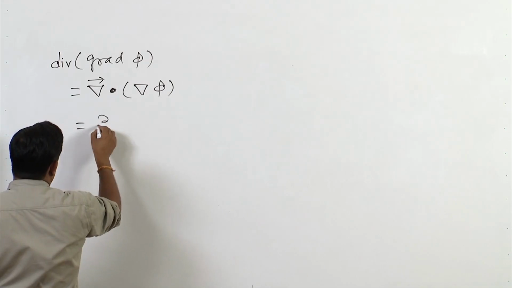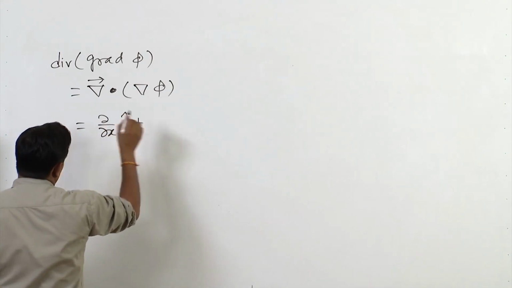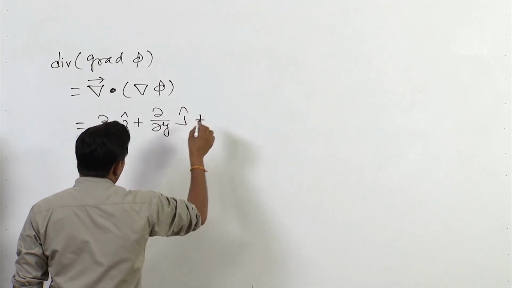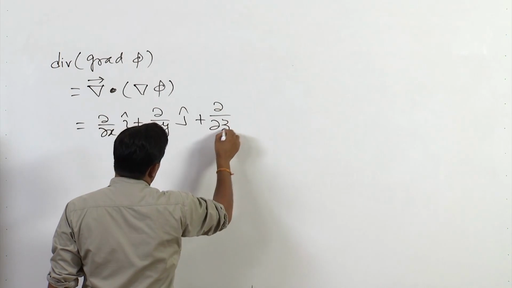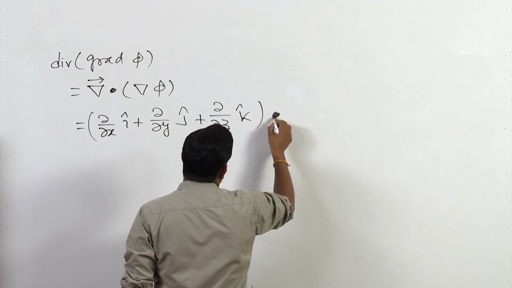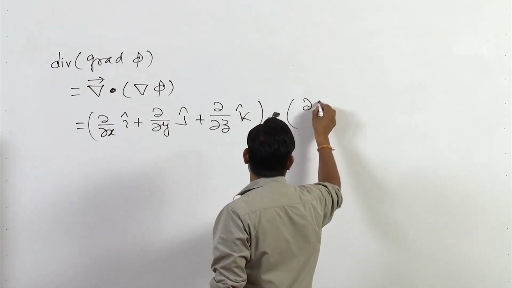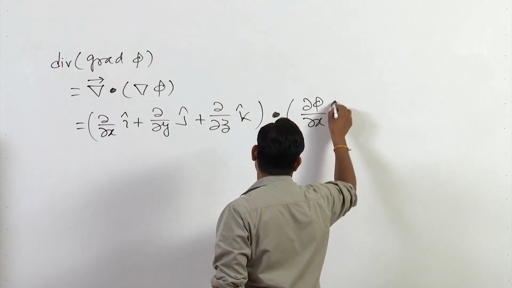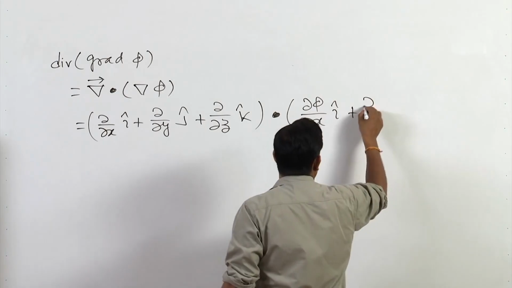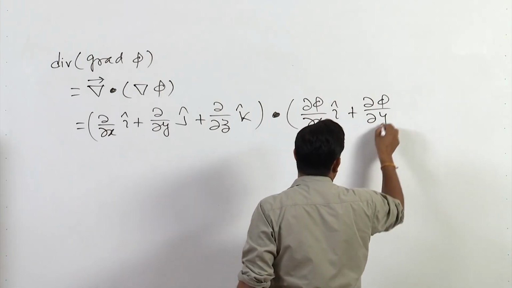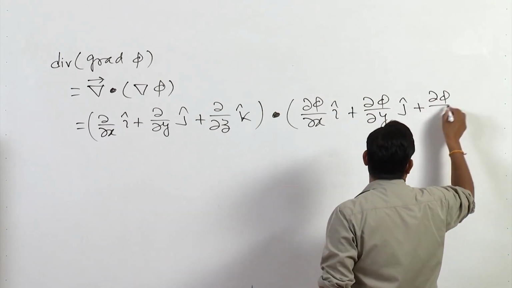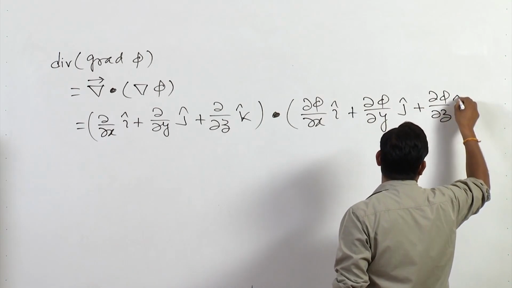So this becomes del by del x in the direction of i, del by del y in the direction of j, del by del z in the direction of k, dot product with del phi over del x in the direction of i plus del phi over del y in the direction of j plus del phi over del z in the direction of k.